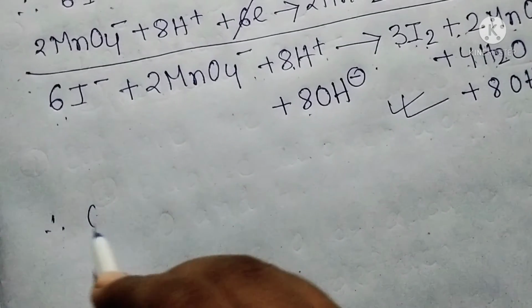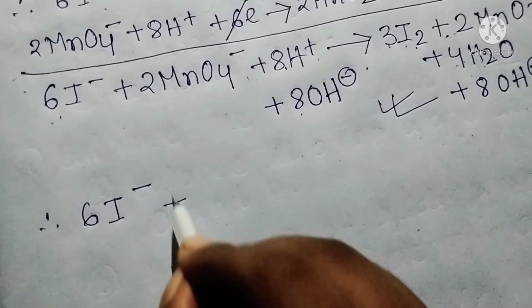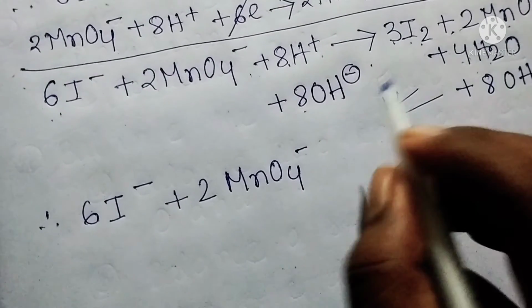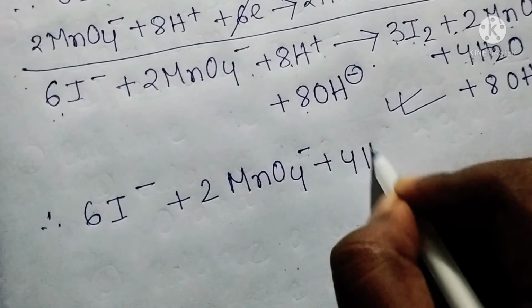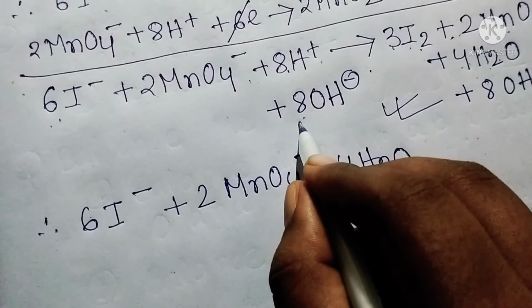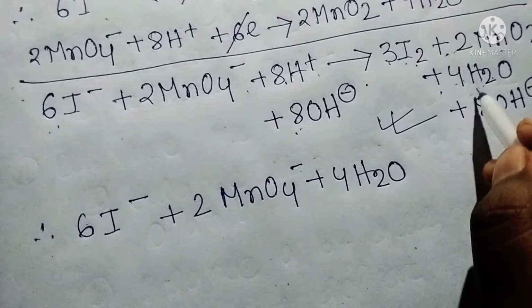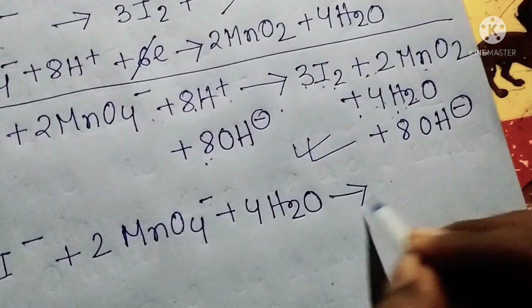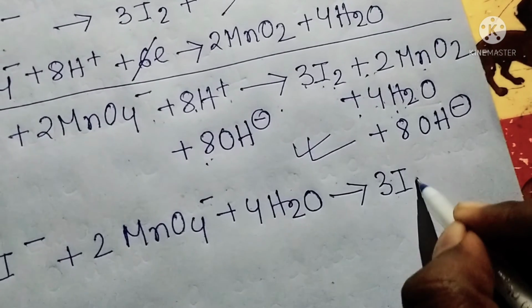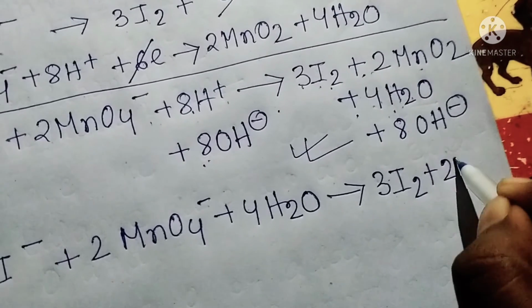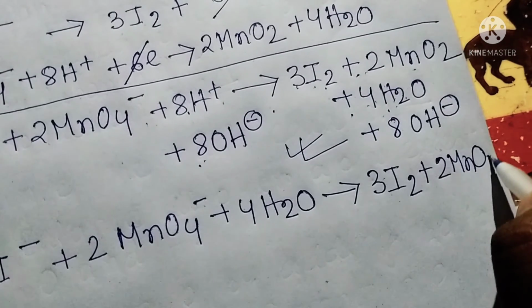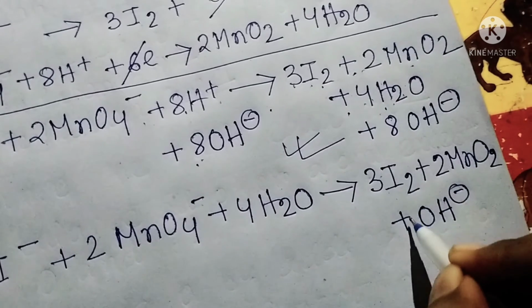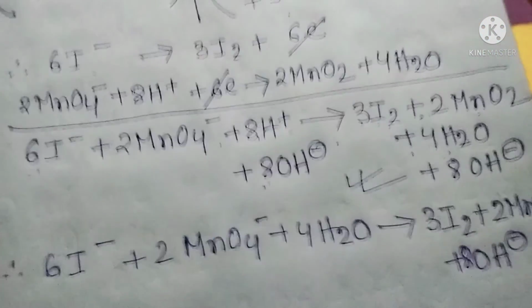So we get 6I minus plus 2 MnO4 minus plus 4H2O, because we get here 8H2O, and 4H2O is eliminated, and we get 4H2O here, and 3I2 plus 2 MnO2 plus 8OH minus.